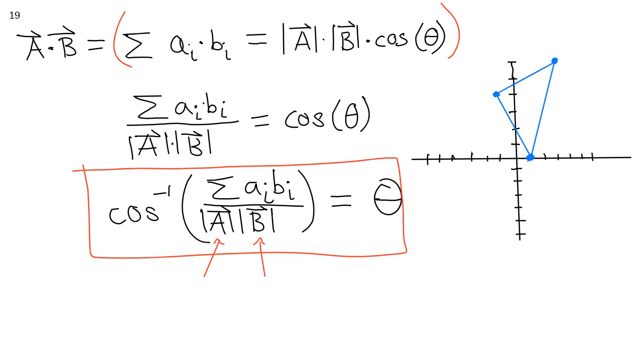Okay, but those coordinates are not the same as the vector. That's 1, 0. This is 3, 6. This is -1, 4.